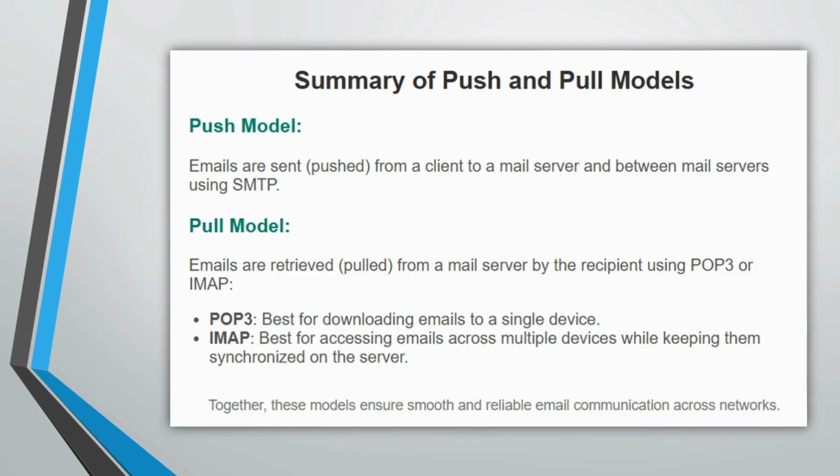Using push model, emails are sent from a client to mail server and between mail servers using SMTP. And in pull model emails are retrieved from the mail server using POP3 or IMAP. And POP3 is best for downloading emails to a single device. IMAP is best for accessing email across multiple devices while keeping them synchronized on the server.